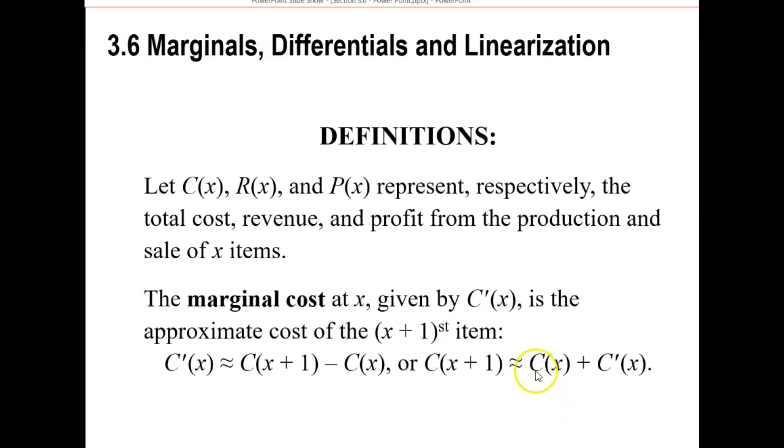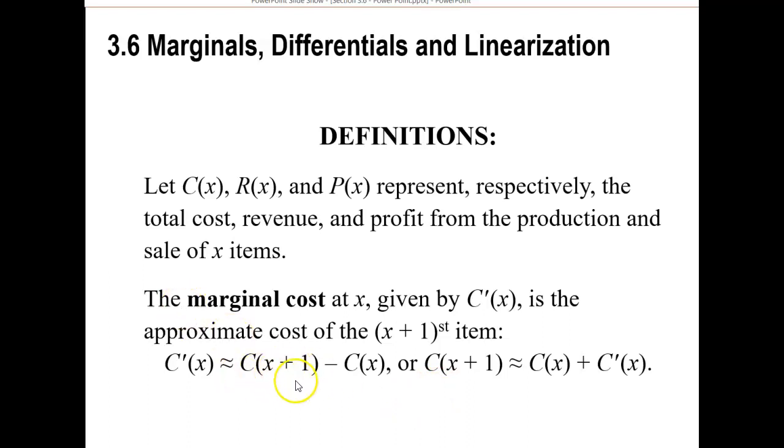So C prime of x would be approximately equal to, this is the actual cost of the x plus first item, the cost of x plus one items altogether, minus the cost of just the first x, leaves you just C, the cost of just the x plus first.